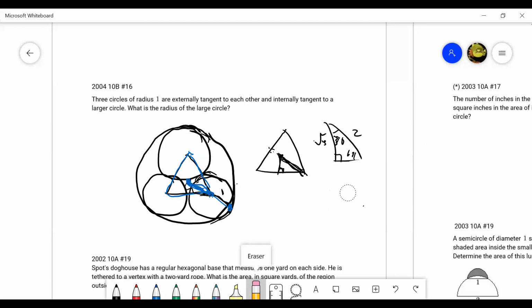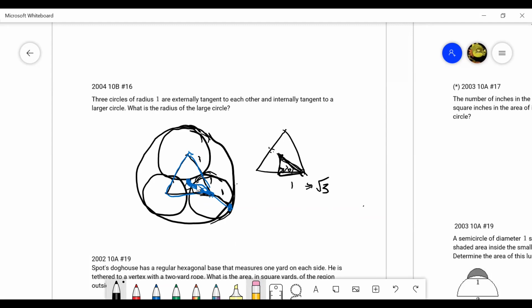So we can use that for what we have here. We know that the side length of the equilateral triangle is going to be 2, because each radius is 1, so it's 1 plus 1. That means this side length here is 1. This angle is 30, which means this 1 corresponds to the square root of 3 side.